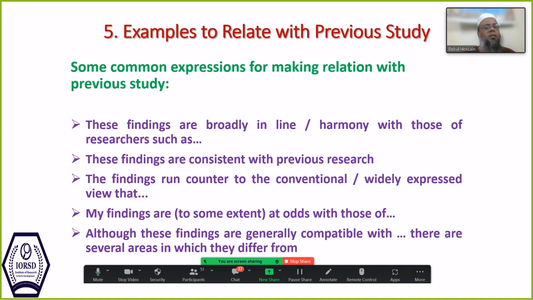If the results are not supported, if it is not coming as you desired, in that case you have to give the reason why you did not get the desired result, why your hypothesis is not supported. In that case also the previous study references you can use. And secondly, why this result came against the theory, what is the main reason.